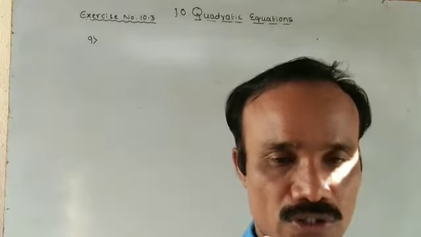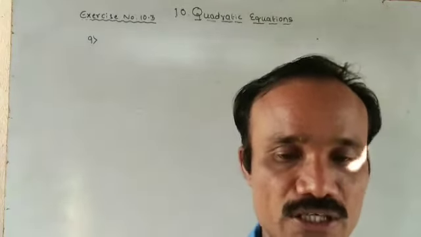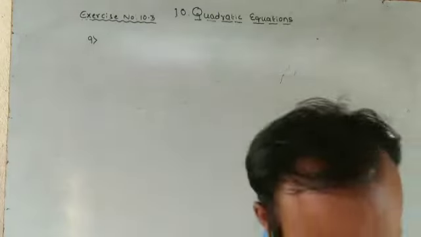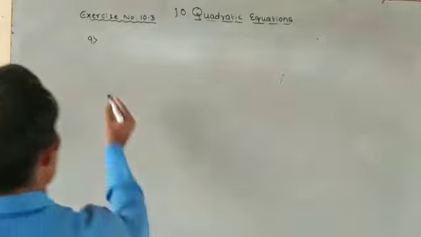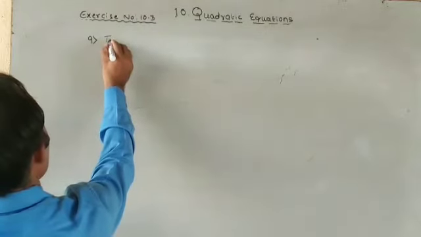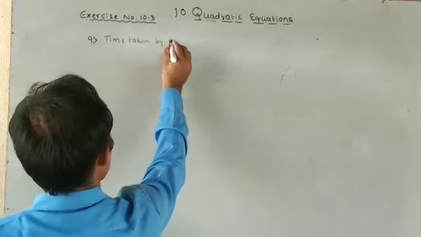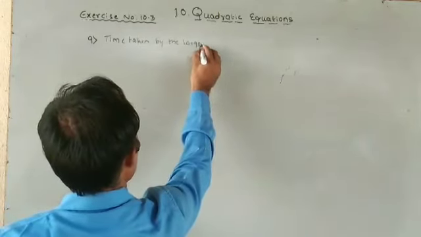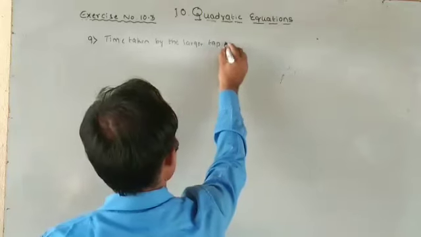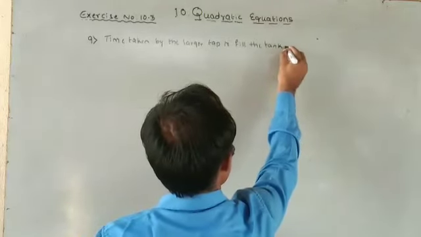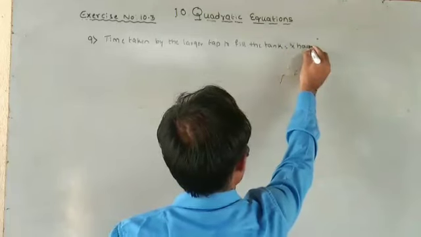Now this is of the form ax square plus bx plus c is equal to 0. What is the value of a? Yes, 1. What is the value of b? 5. What is the value of c? Minus 1800. Thus, what is the formula? x is equal to minus b plus or minus under the root b square minus 4ac, whole divided by 2a.